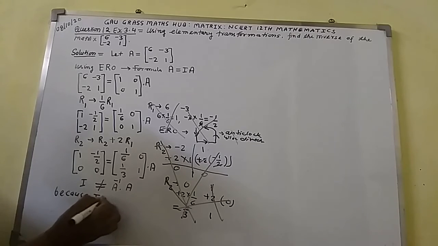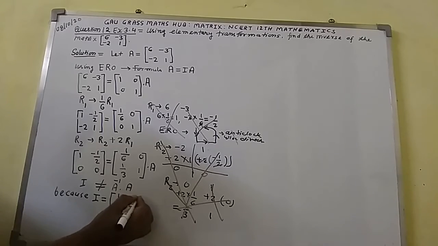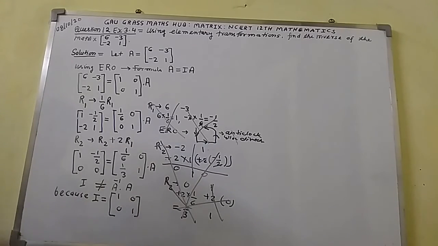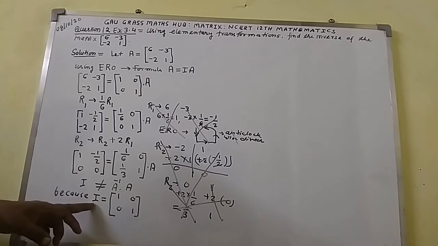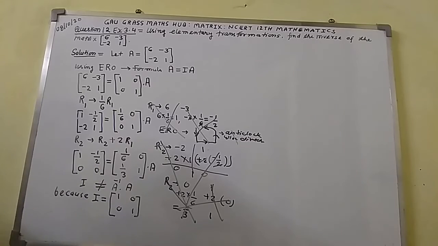I should be 1 0 0 1. So here you can see, compare this is I and this is also I. Compare both I here.